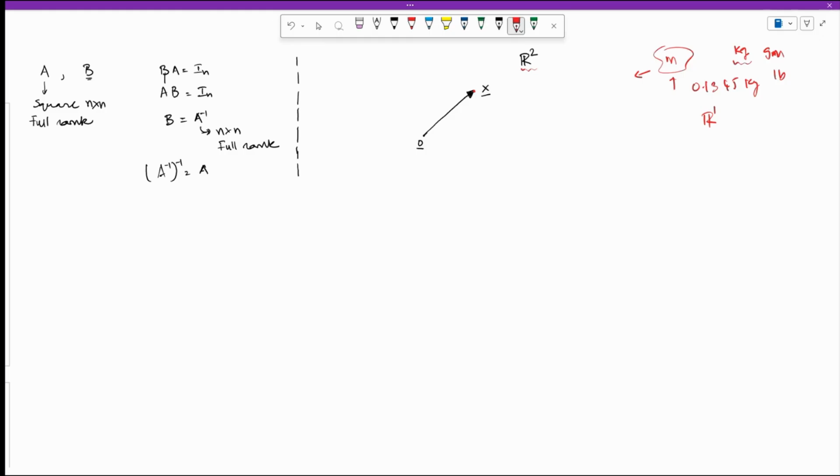The reference scale in R2 and higher is essentially what is called the basis. The numbers you assign to this x vector could be any numbers, depending on what reference you use. For example, let's say we choose these two.